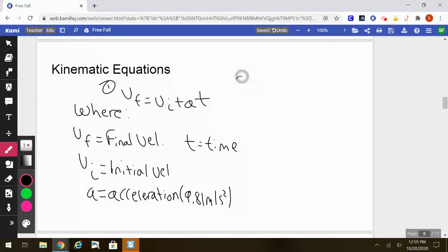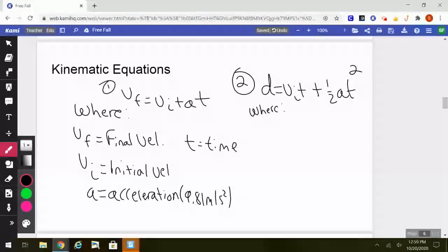Our second one is going to be d is equal to VIT plus 1/2 AT squared. Well, you may ask me, what do all these stand for? Well, d is going to be your distance. VI, as we all should know, is your initial velocity.